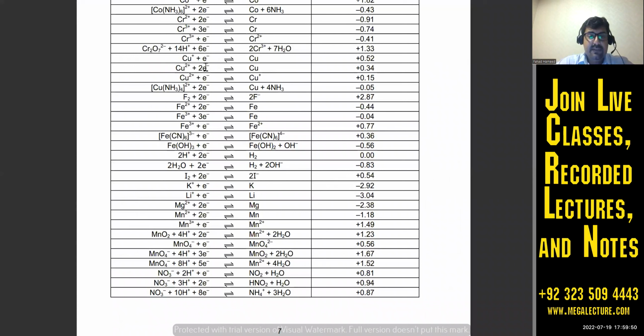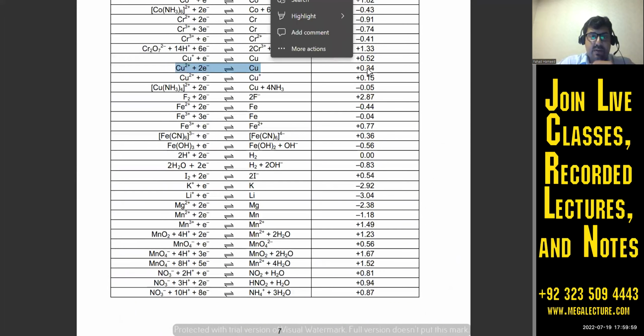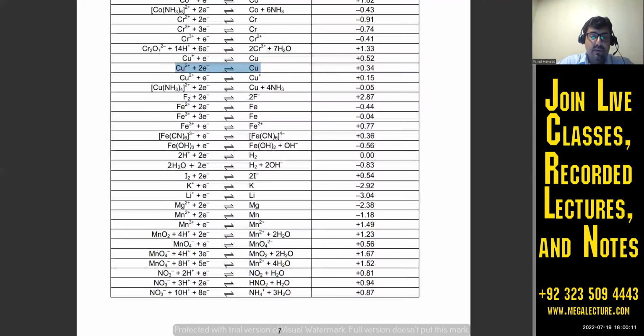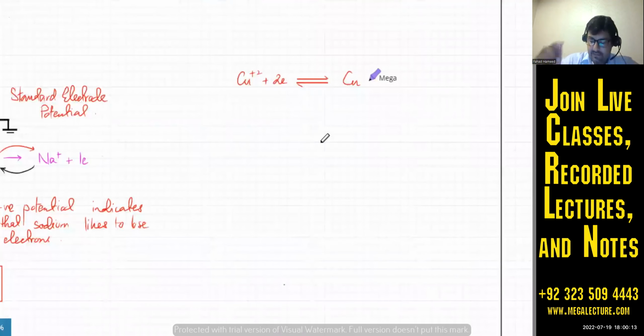So here you can see copper 2 plus, which is in equilibrium with copper, and the potential is given as 0.34 volts. If you have a metal in equilibrium with its aqueous ions, then you're going to make this type of electrode, which we just did.